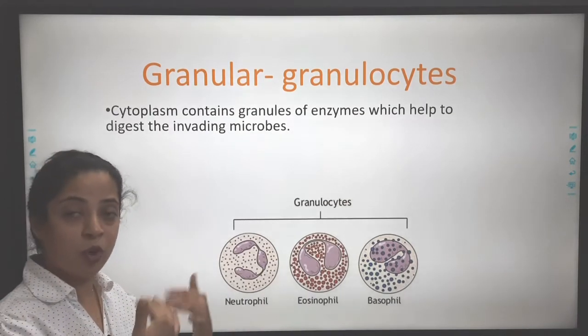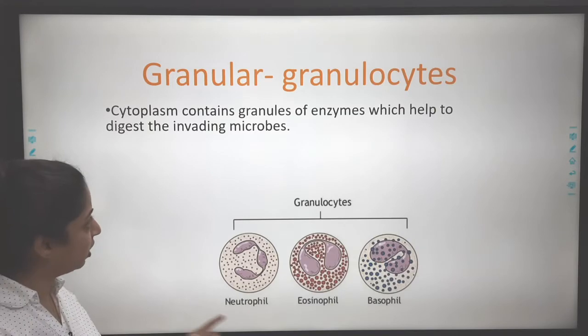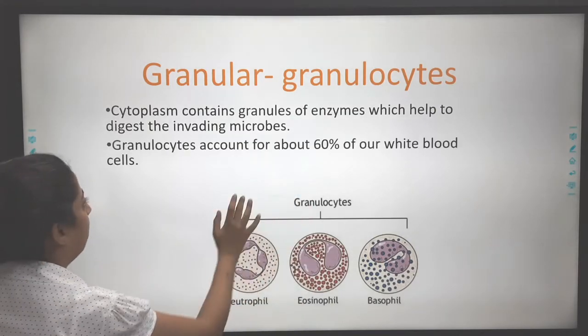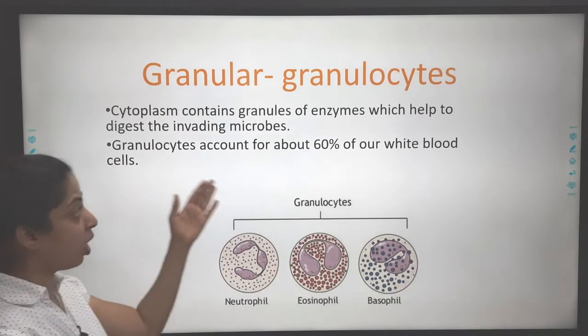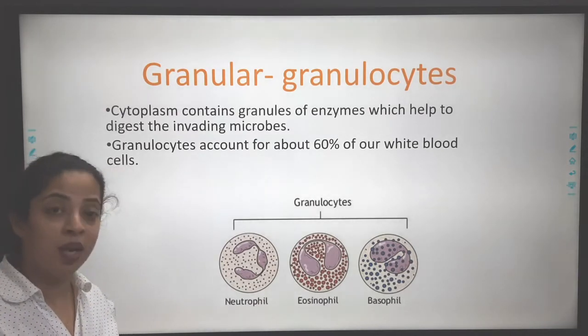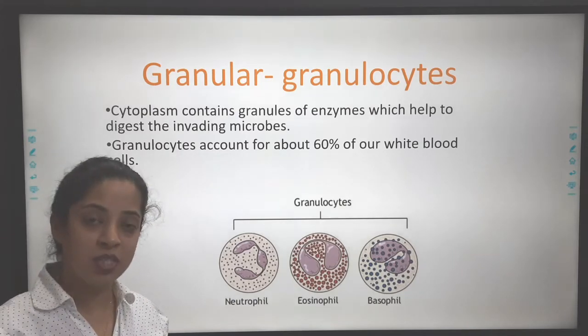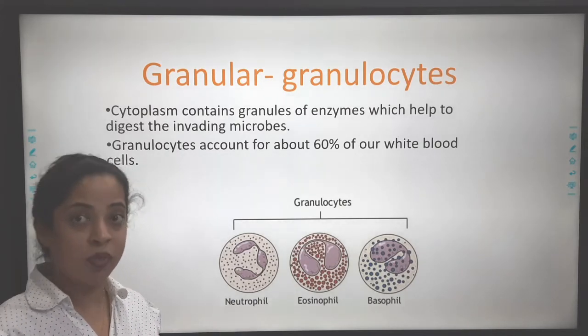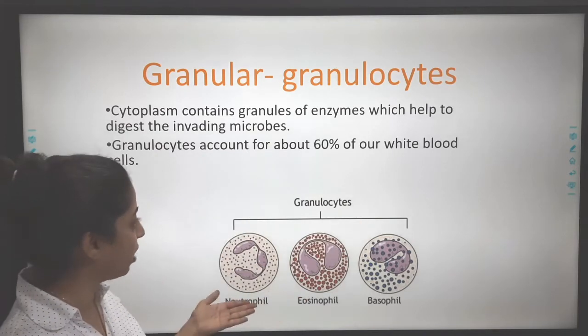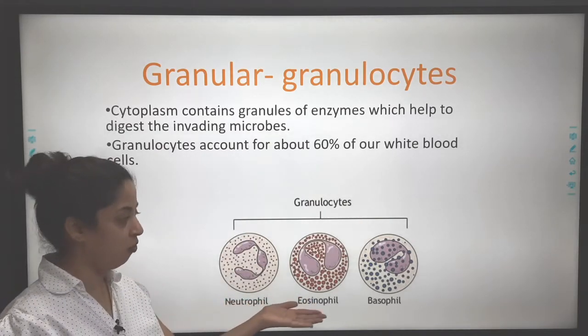So when there are microbes coming in, these granules of enzymes help to digest them. Now granulocytes account for about 60% of the WBC. We know in blood around 1% of WBC are there, and of that, 60% is granulocytes, that is neutrophil, eosinophil and basophil.